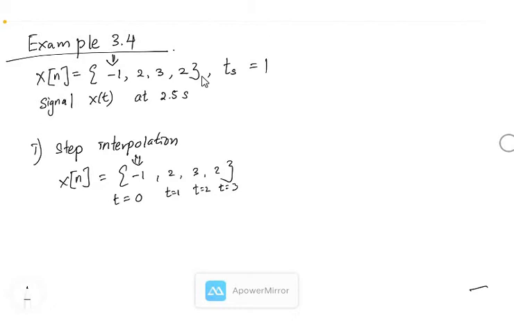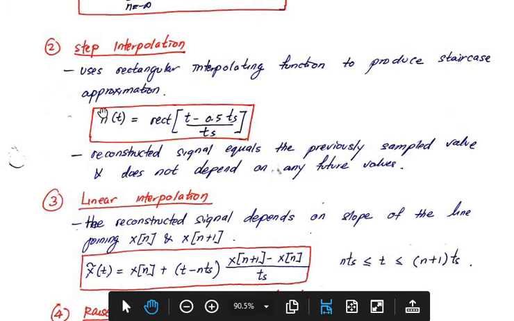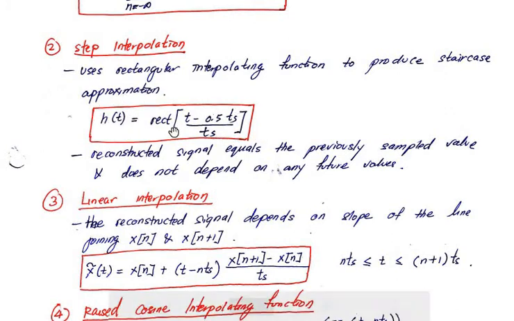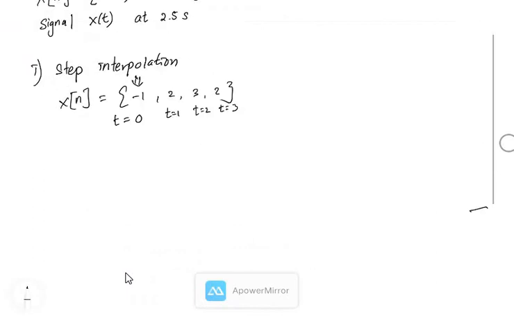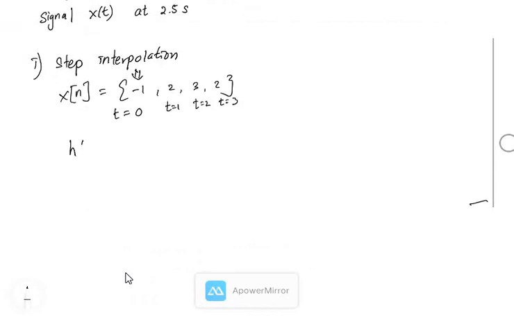So for the step interpolation, we will use this formula: h(t) equal to rect((t - 0.5Ts)/Ts).